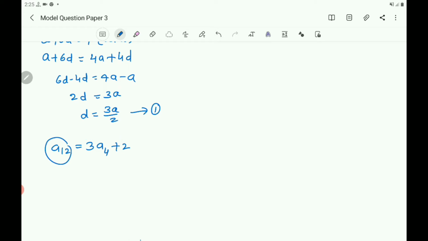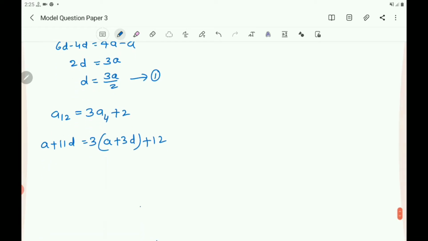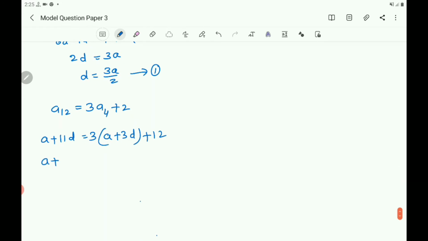Then A12 is A plus how much D? That is 1 less than 12, 11D. Then 3 into A4. A4 is A plus 3D plus 12. Then you write A plus 11D equals 3A plus 3 into 3D, 9D plus 12.